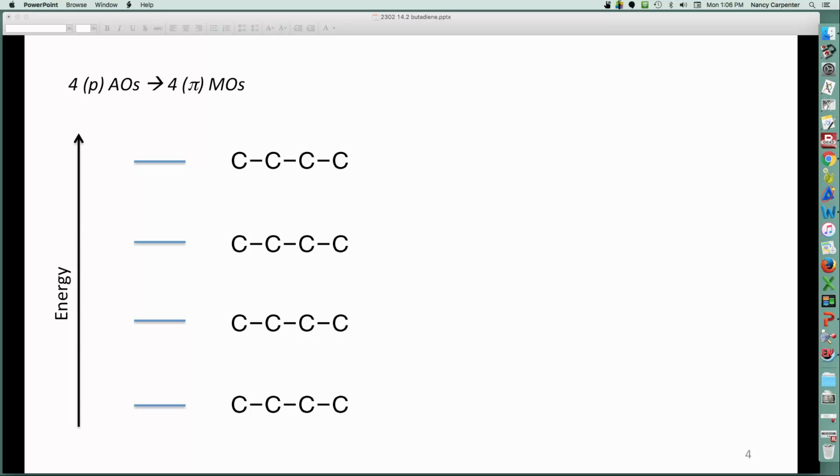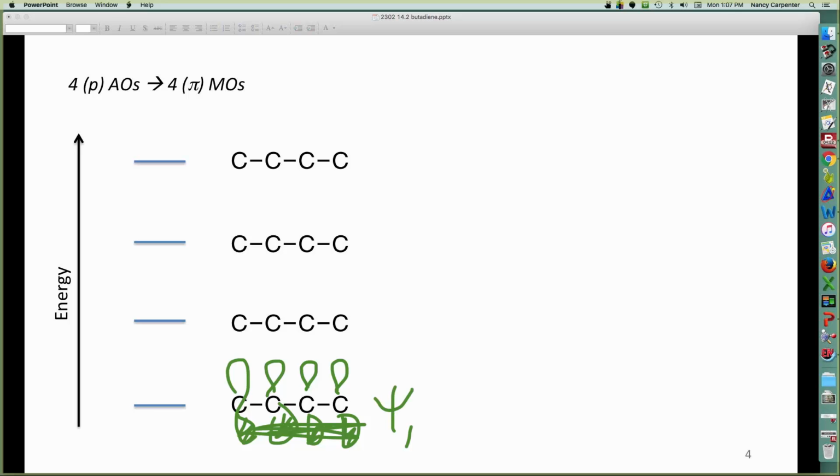We have four atoms, each of which has a p orbital, so that means there's four atomic orbitals that are going to combine to give us four molecular orbitals. What will they look like? So we can again anticipate that the most stable molecular orbital will be fully bonding, and that will be psi1.